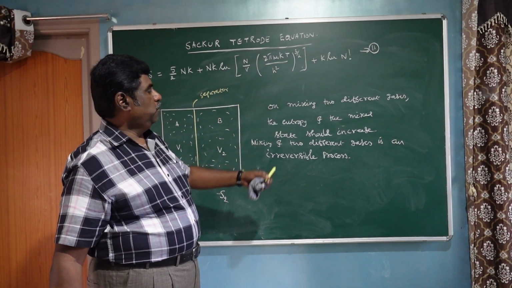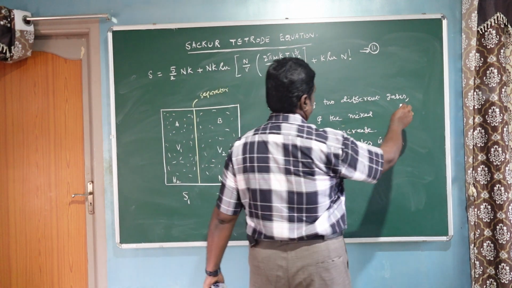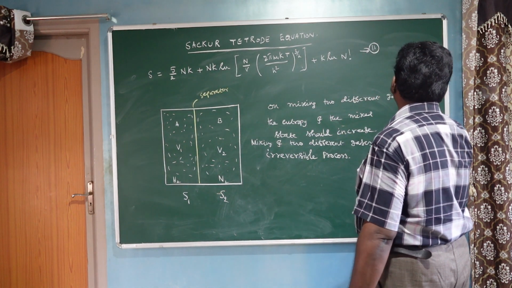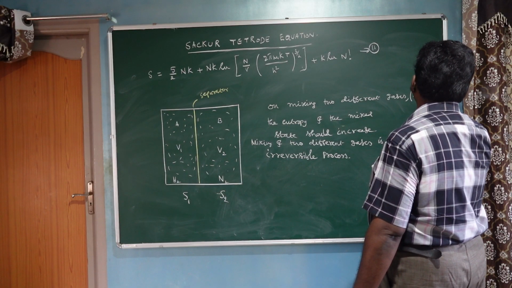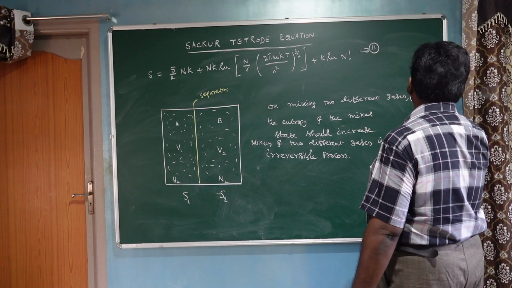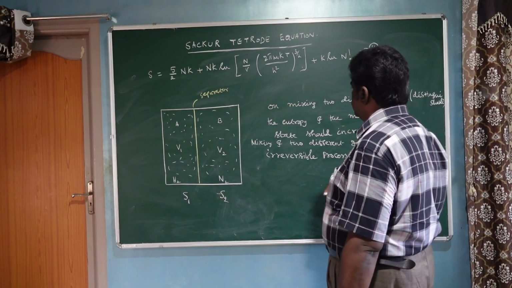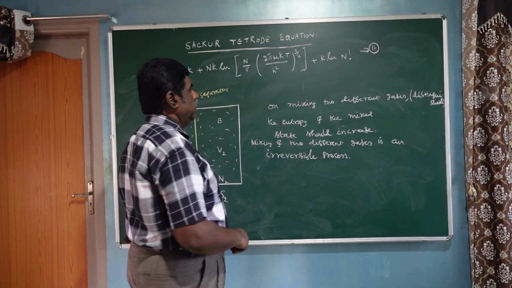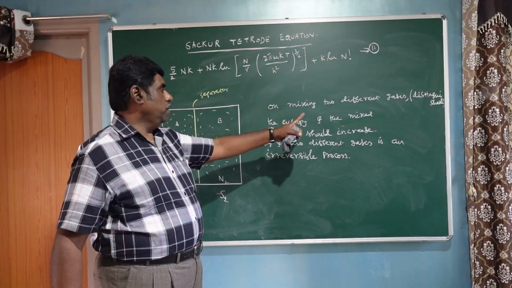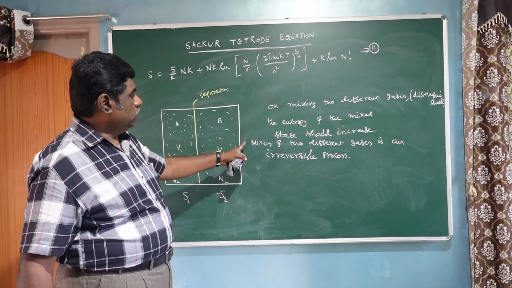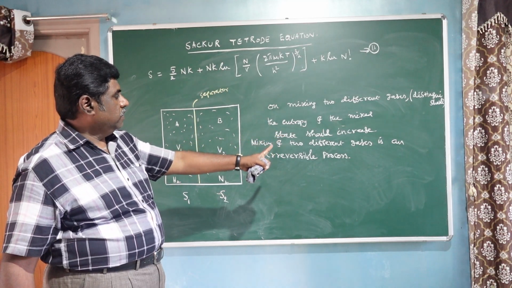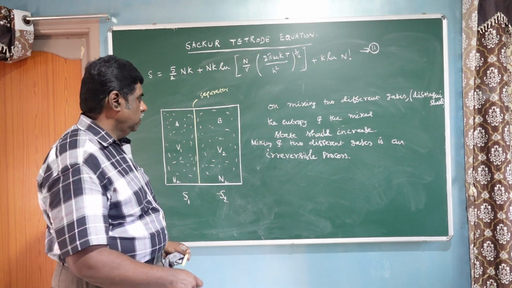Here, different gases means these gases are distinguishable. On mixing two different gases, the entropy of the mixed state should increase. This is a general rule, because mixing of two different gases is an irreversible process.